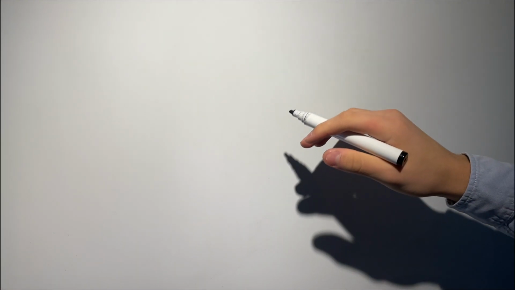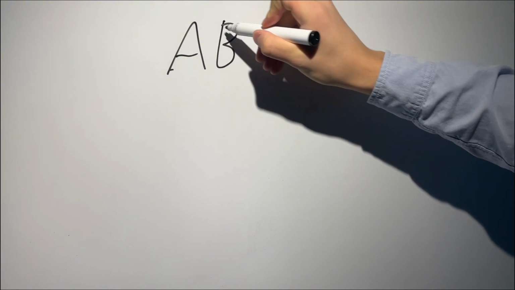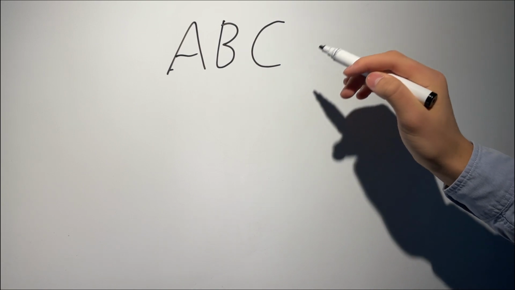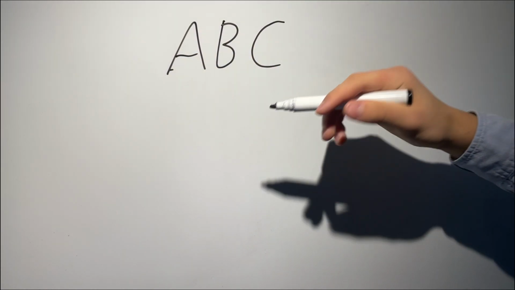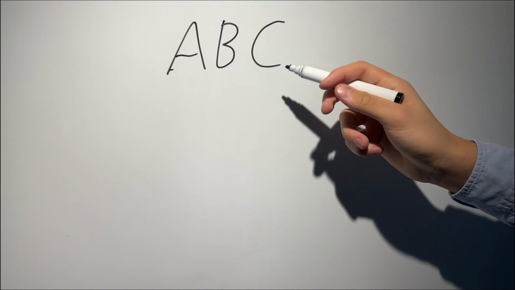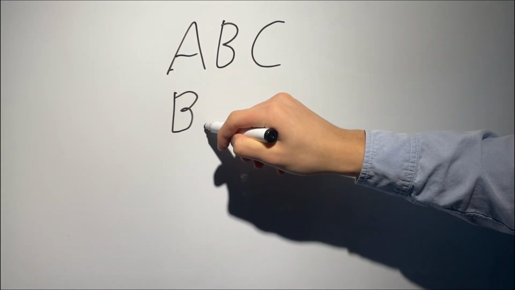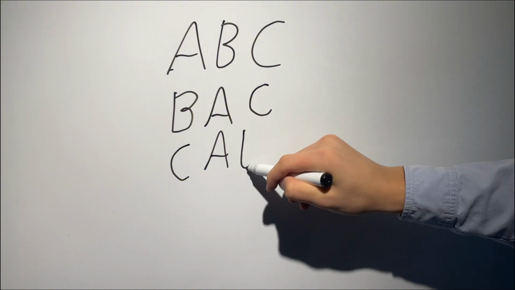Here's another way to think about it. Let's take 3 letters, for example, A, B, and C. If you think how many ways you can arrange this set of letters differently, you can think of another way, like B, A, C, or C, A, B, right?